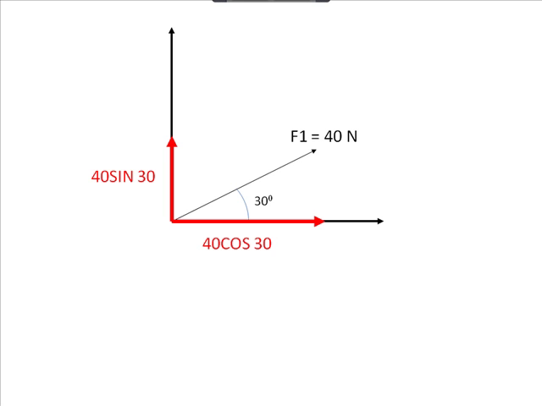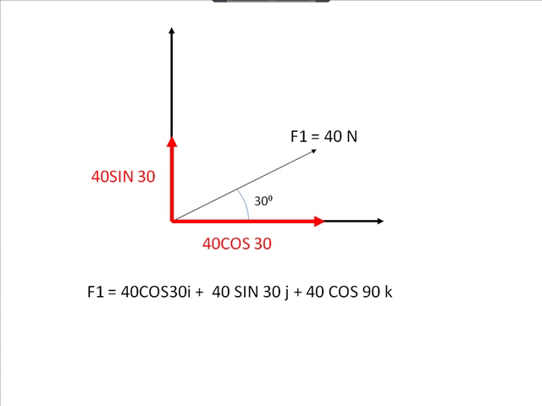And 40 cos 90 is the component of this force in z direction. So in vector form this force can be written as 40 cos 30 i plus 40 sin 30 j plus 40 cos 90 k, meaning 40 cos 30 is the x component, 40 sin 30 is the y component, and 40 cos 90 is the z component of this force.